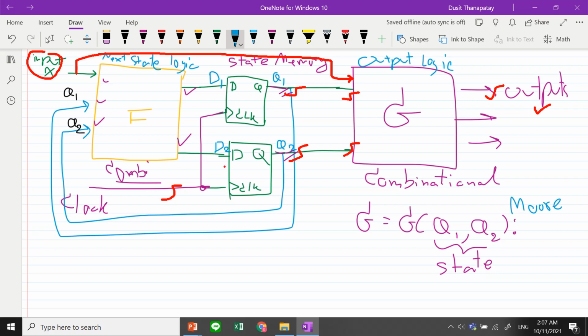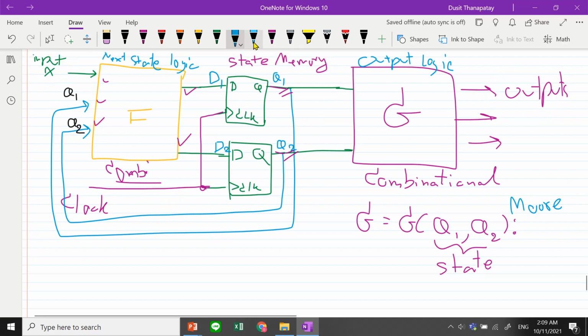Now output changes when clock tick, and if external input changes value, that means some part of input G changes. So output of the circuit can be changed also. Namely, the output can change when clock tick and when external input changes value.